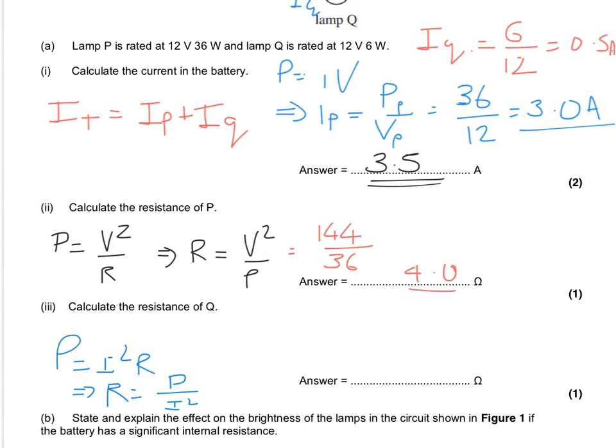The I in this case was 0.5, so that's 0.5 squared, which is 0.25, so it's a quarter. Power was 6 watts, so 6 divided by 0.25, or 6 times 4, which gives you 24 ohms in this case, which is your resistance of that. So you've seen both methods we could use for this equation here.